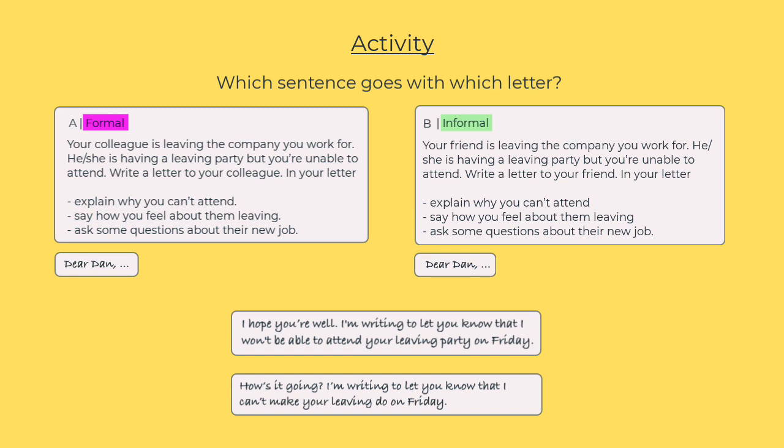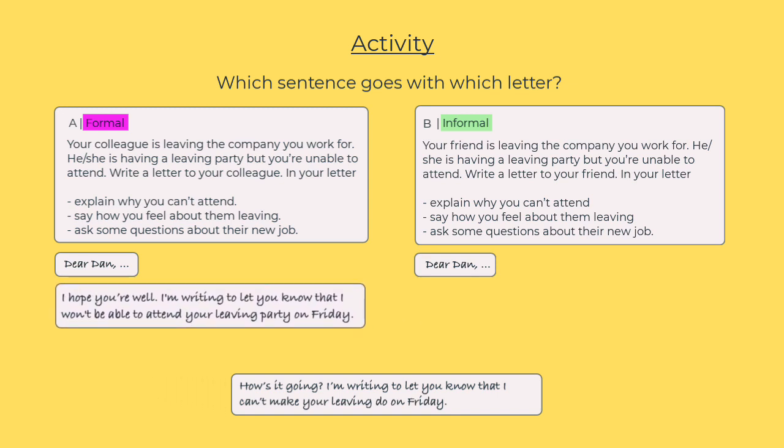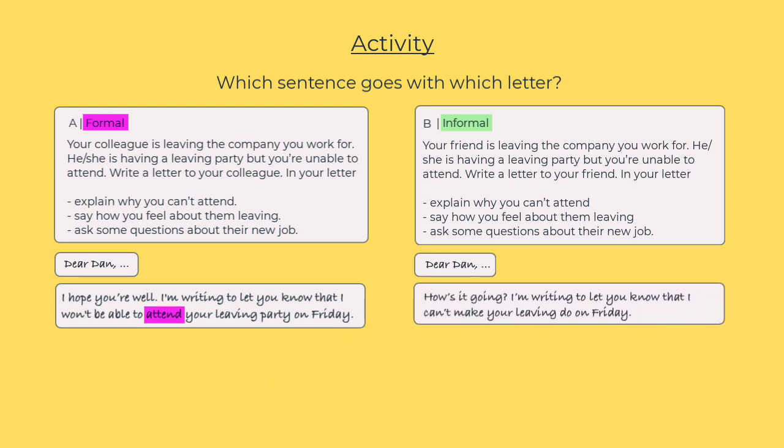Are you ready? Okay. For letter A, the sentence is this one. Most of the language in this sentence is neutral. However, attend is quite formal. And this sentence is for letter B. The greeting, how's it going, is informal, whereas in letter A, I hope you're well, is neutral.